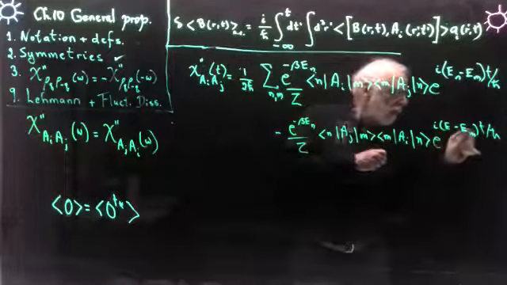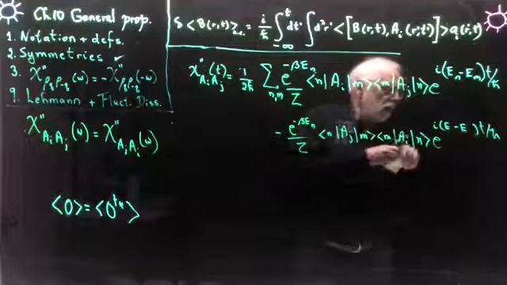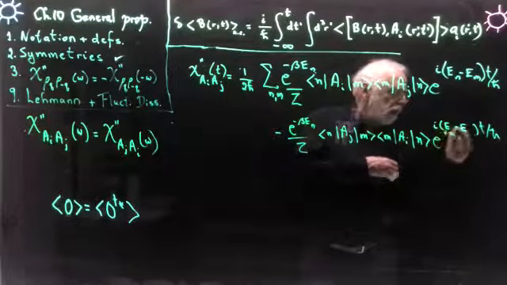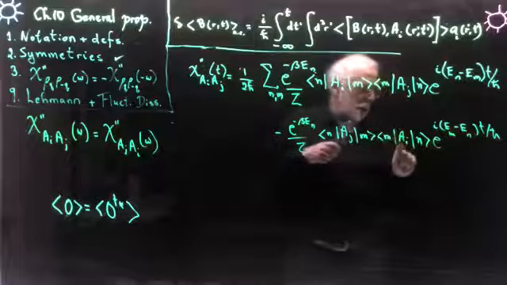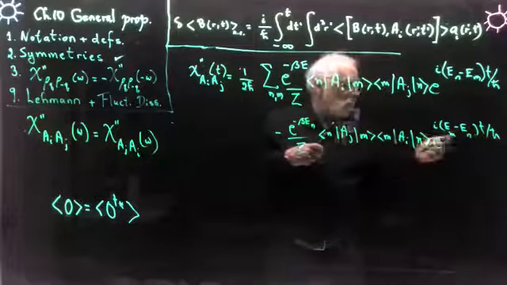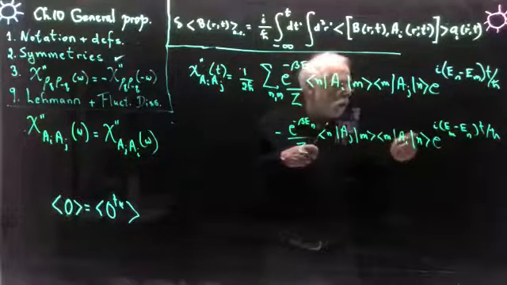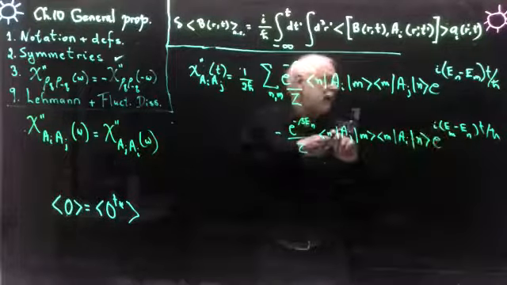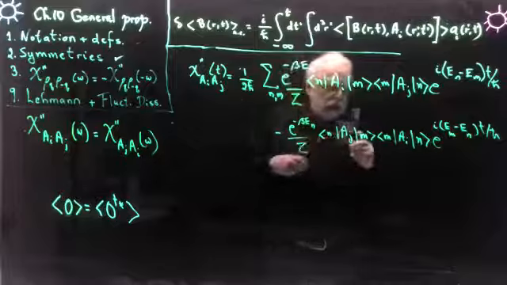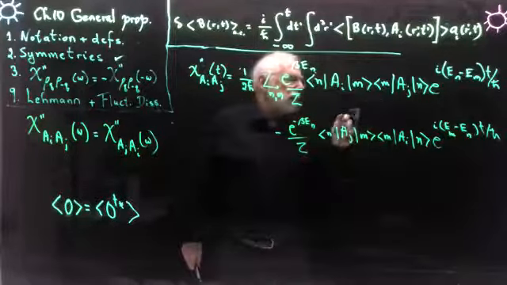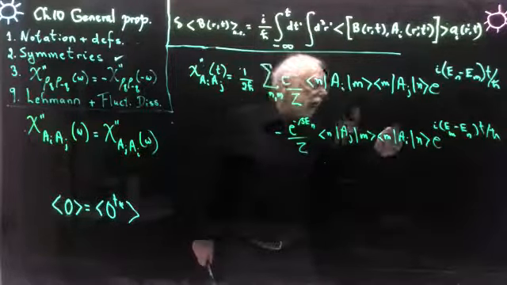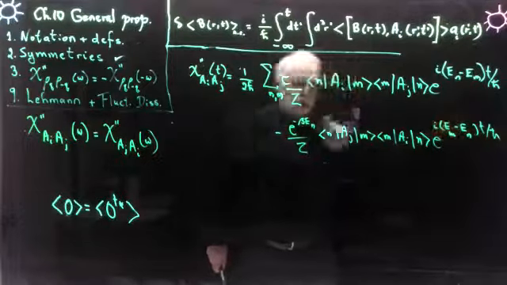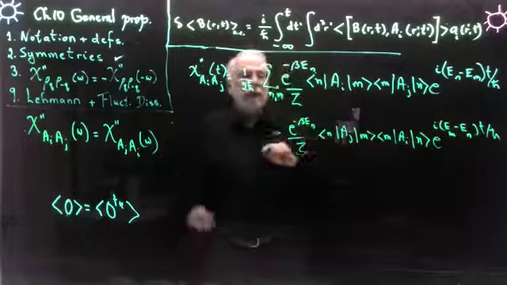I have E_n minus E_m, because A_i was here now. So the left acts on m and the right acts on m, okay? Now I think I get it straight. So you see that if I change n for m, this goes to this, this goes to that, and the only thing that doesn't move is this.